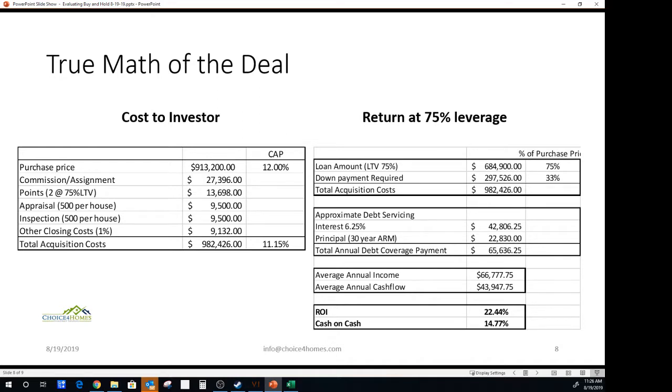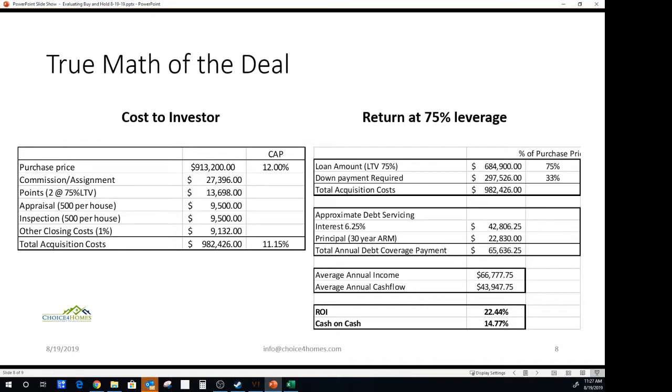So we're assuming, since I exist in a portfolio world, and a portfolio world means it's 10 houses plus, and those houses are all going to be financed as one. It's a commercial loan, it's not a mortgage, therefore most of the time you will not find 80% or higher LTV. So I exist in the 75% LTV world, and in that case it would be 75% of the purchase price.